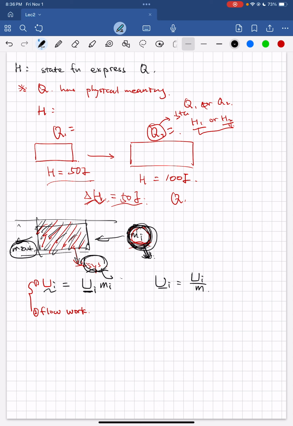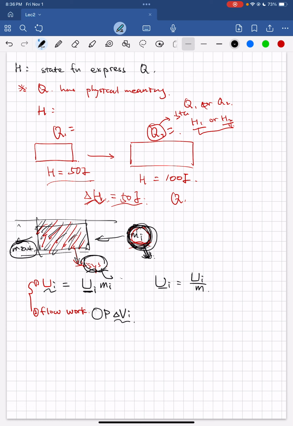Now flow work is mechanical work done by the particle to the system, which should be expressed like this: P delta Vi. Vi is the change of volume because of this particle. Why is there no minus here?